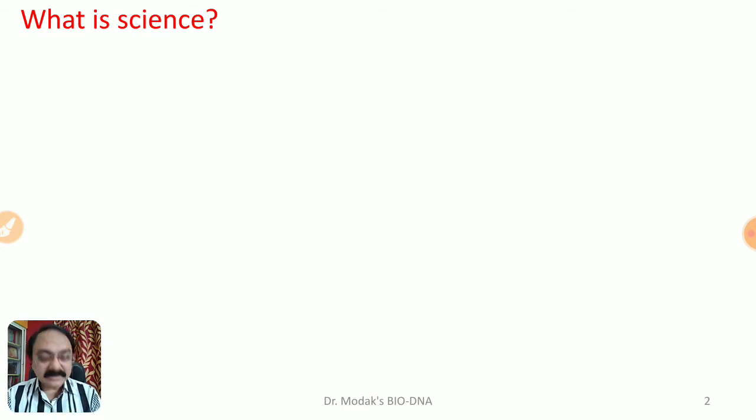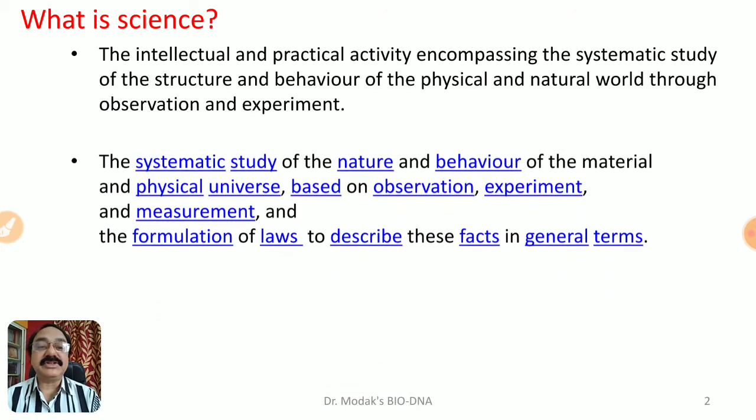Before we start to learn, we must learn what science is. Usually we define science as a philosophy. It is a branch of knowledge. But how do we collect the knowledge out of science? By observation of nature. We study the structure of nature. We study the behavior of nature.